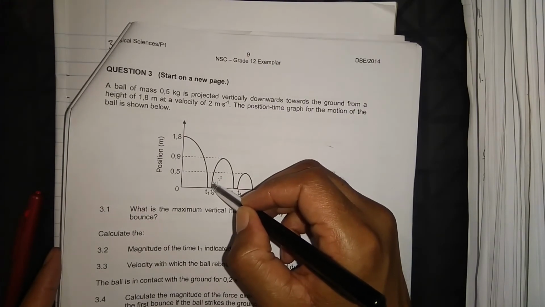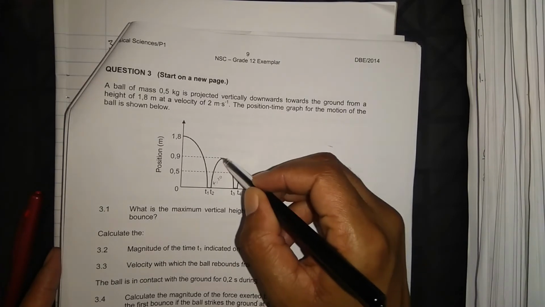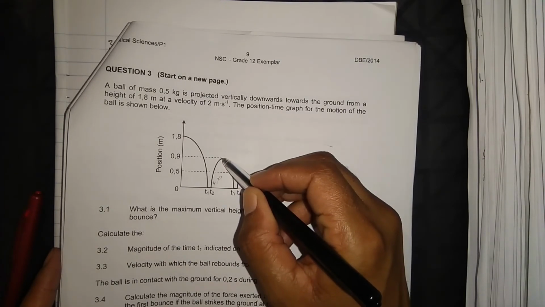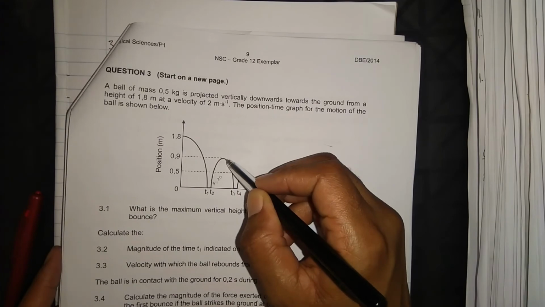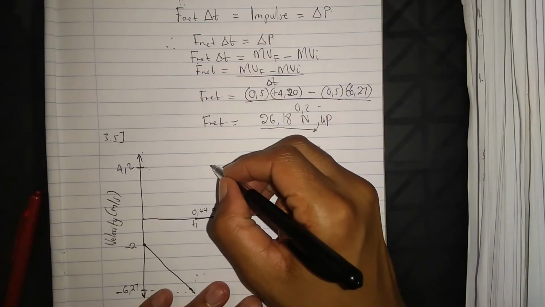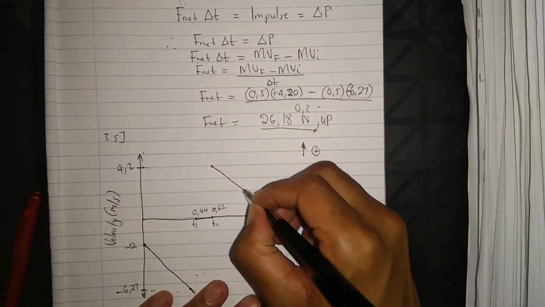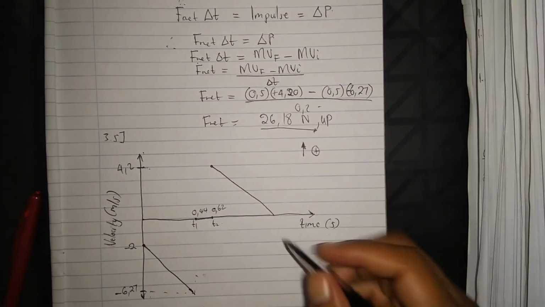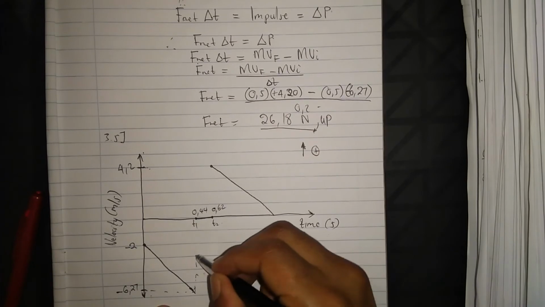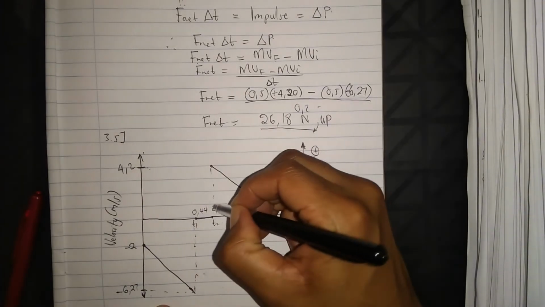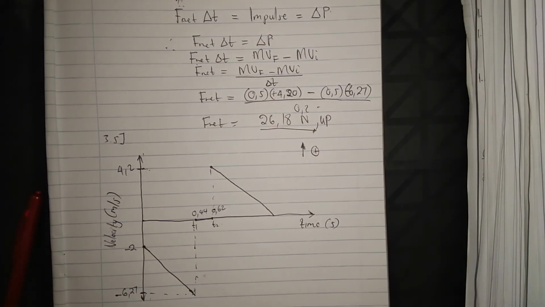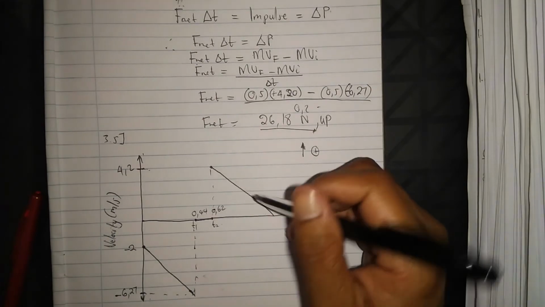But when it arrives at 0,9, at the maximum height, it reaches a velocity of what? It reaches a velocity of 0. So therefore this is our sketch.